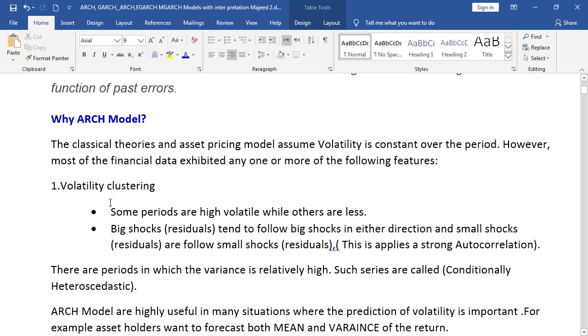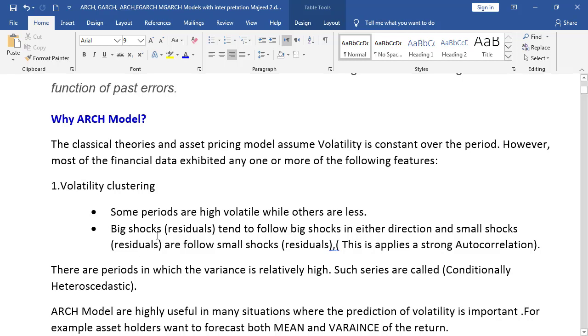Then why the ARCH model? The classical theory and asset pricing models assume volatility is constant over the period. However, most financial data show one or more of the following features: volatility clustering, sometimes volatile while other times low or less volatile.